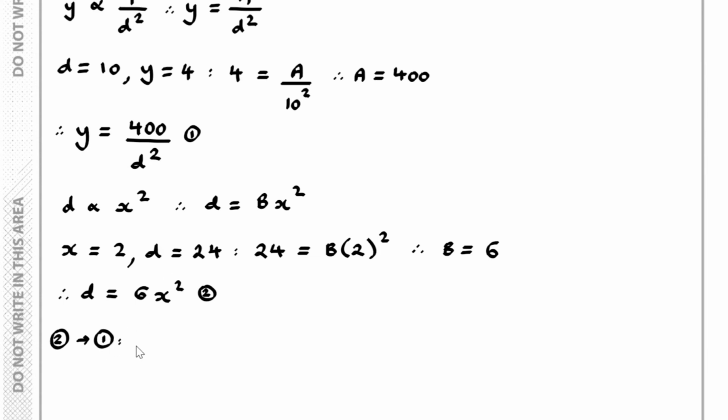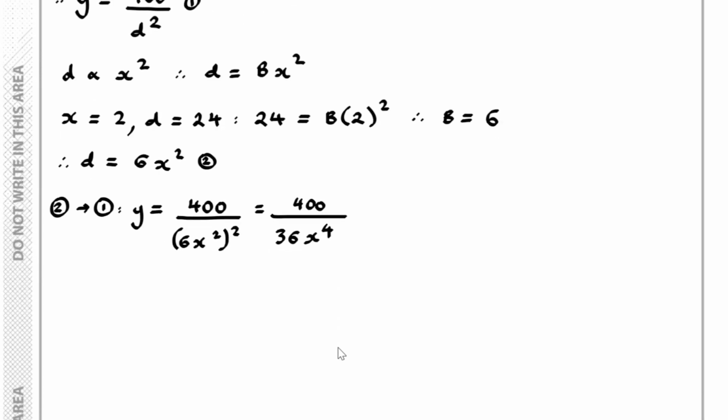And so if we do this, we have y equals 400 divided by d squared, so that is 6x squared squared. So we have 400 over 36 x to the power of 4. And what this will simplify to, 400 divided by 36, that's 100.